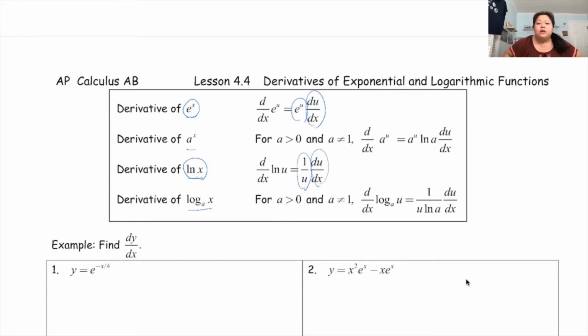Okay, you could actually change any of the other two, the a to the x and log base a of x, into a natural log function, and then it can be done using those two formulas. So I will show you in a minute, but of course, if you want to memorize, it's not a bad thing. This is the formula you would memorize for a to the x power, and this is the formula for the log base a of x.